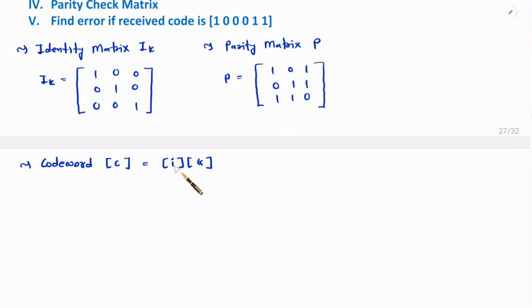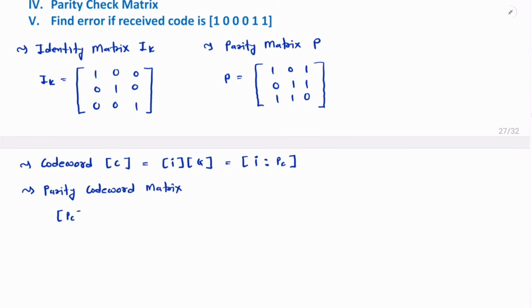So one should know that by multiplying information with the generator matrix, one can generate the code word. And this multiplication will give information and PC. Here PC is the parity of the code word. So we will be having information, and based on that we need to understand how to calculate PC. Let me explain this calculation of PC.